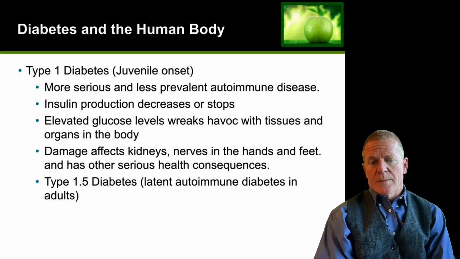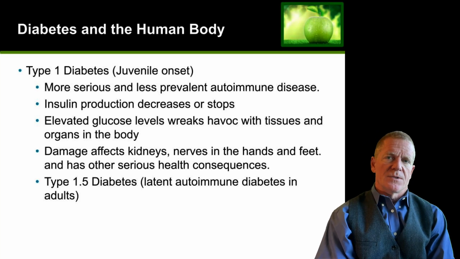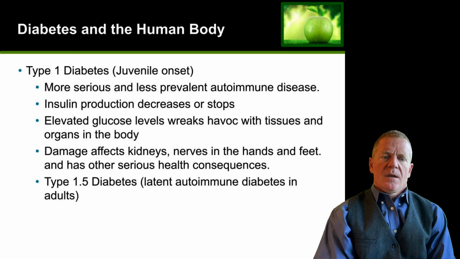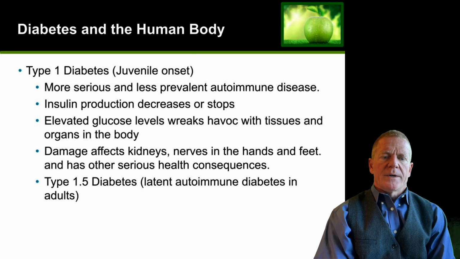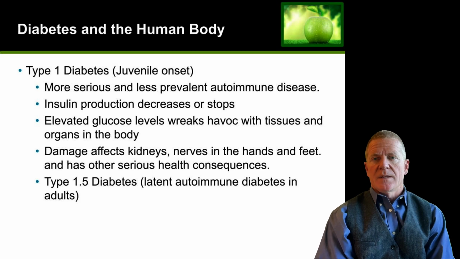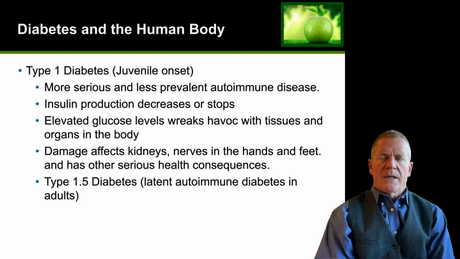Type 1 diabetes is also known as juvenile onset diabetes. This occurs in the young, typically, not always, but typically in the young. It is an autoimmune disease where insulin production is stopped because the pancreas is attacked by the immune system, eliminating the cells that produce insulin.